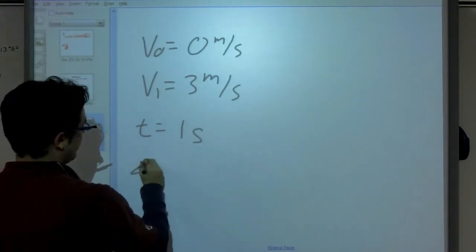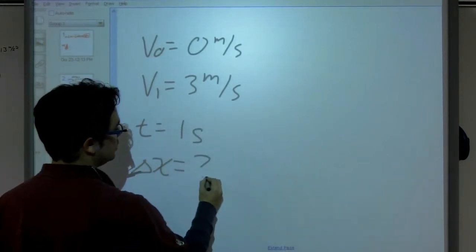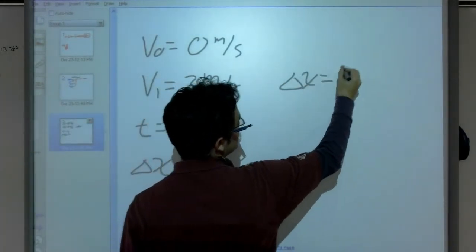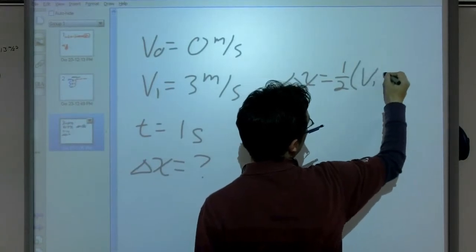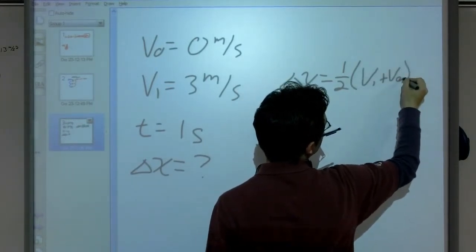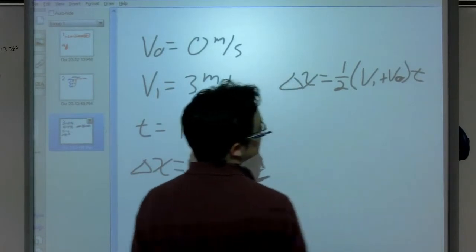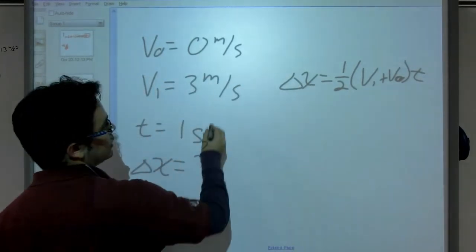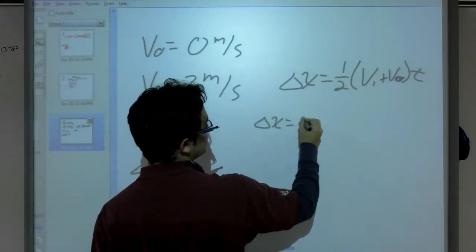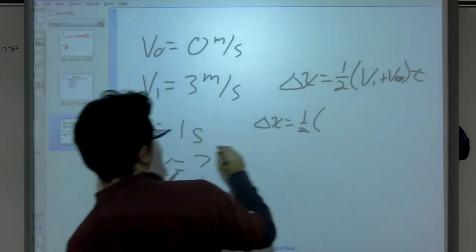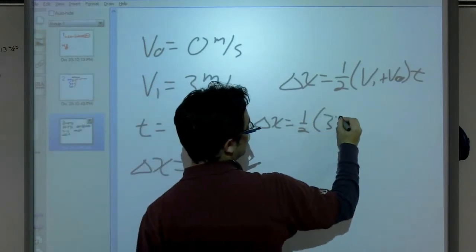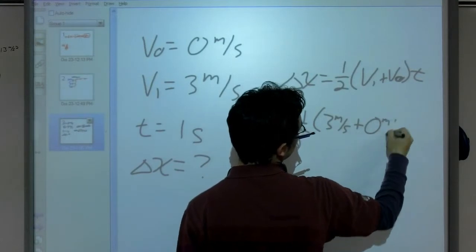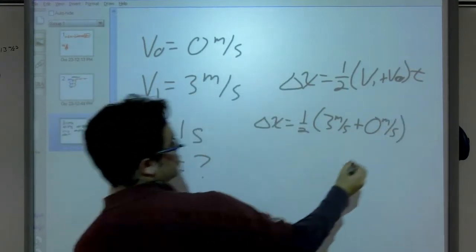Okay? If I want to find delta x, I would use my equations. I believe the equation we want is delta x equals 1/2 (v final plus v naught) times t. Double check. Take a look at the kinematic equations I gave you. That should be it. If I plug these in, I have delta x equals 1/2 times v final, which is 3 meters per second, plus v initial, which is 0 meters per second, times time, which is 1 second.